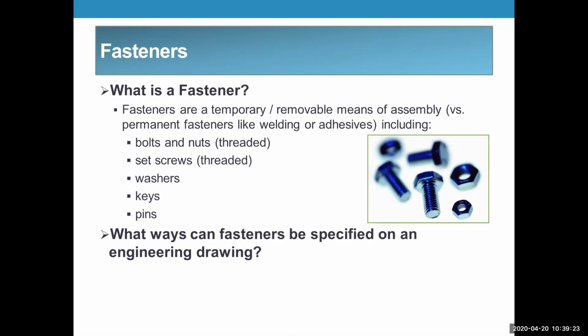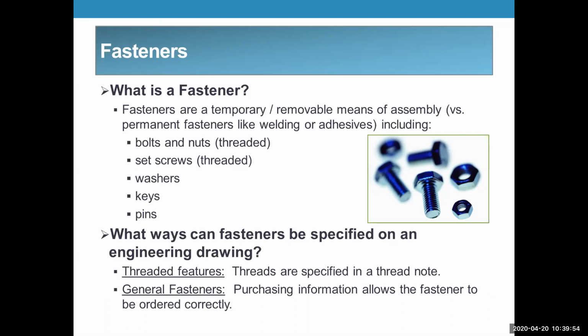Fasteners are usually considered fasteners because they can somehow be removed so that the parts can be separated. That's the other key, even though I still look at welds and brazes and things like that as fasteners. They're permanent. Right. So fasteners are considered removable.